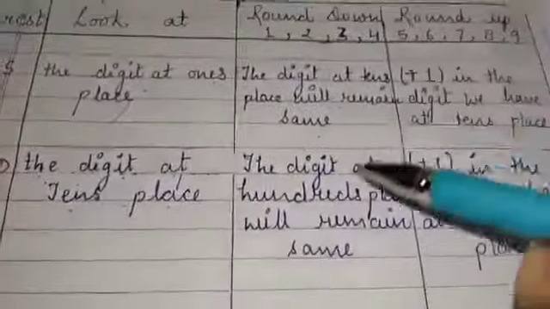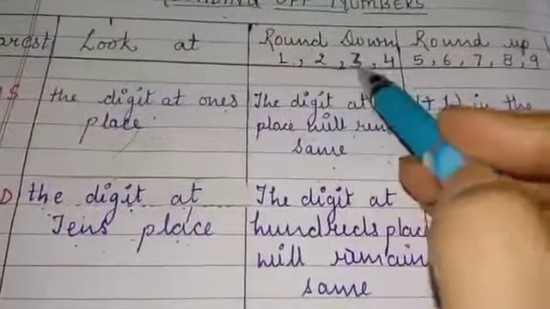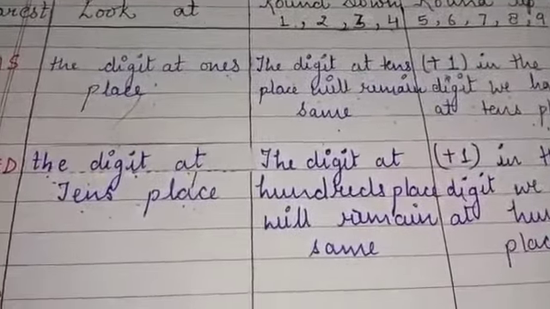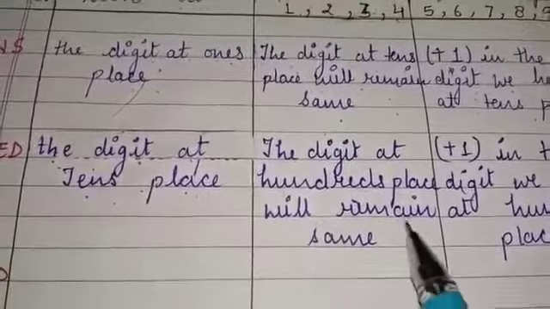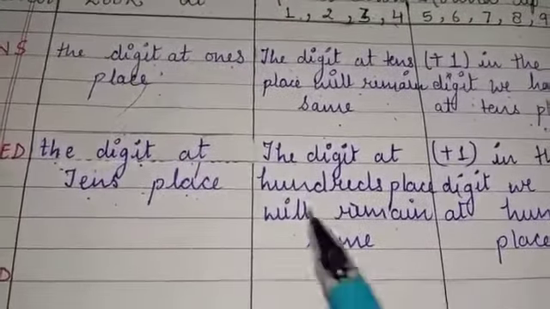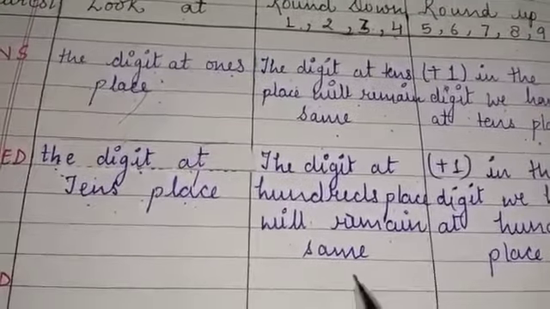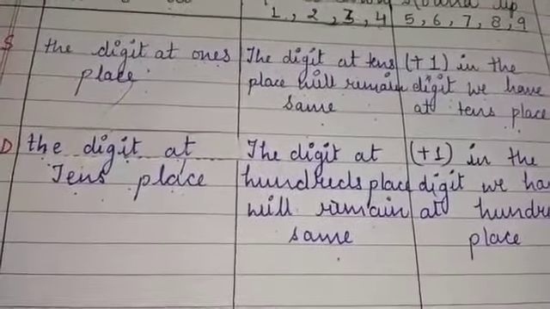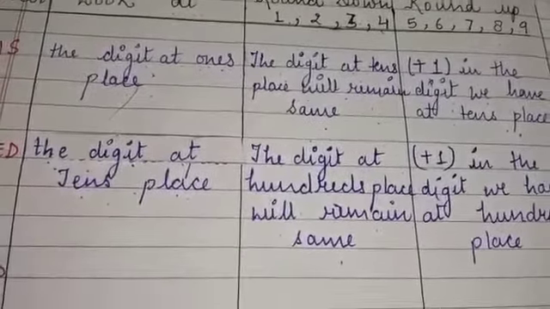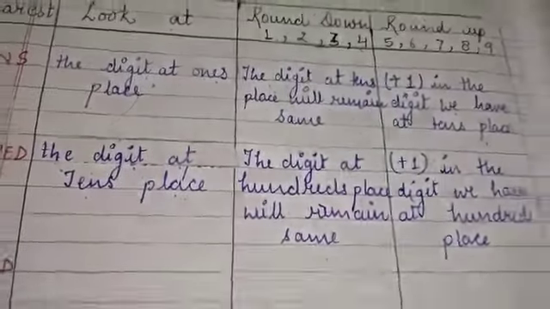Now see, if we get 1, 2, 3, 4 at tens place, then the digit at hundreds place will remain the same, and the rest of the digits before hundreds, that is ones and tens, will become 0.